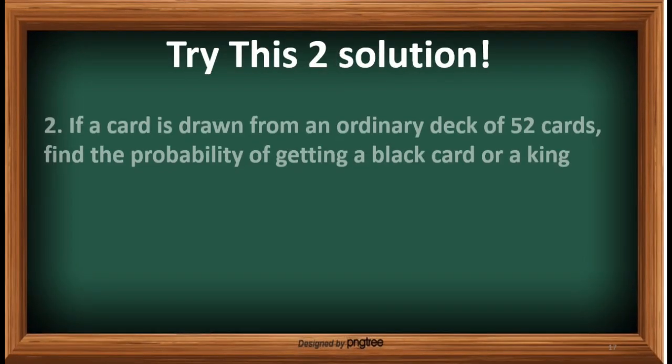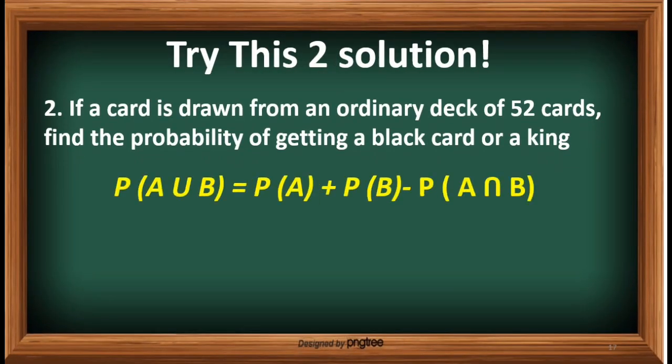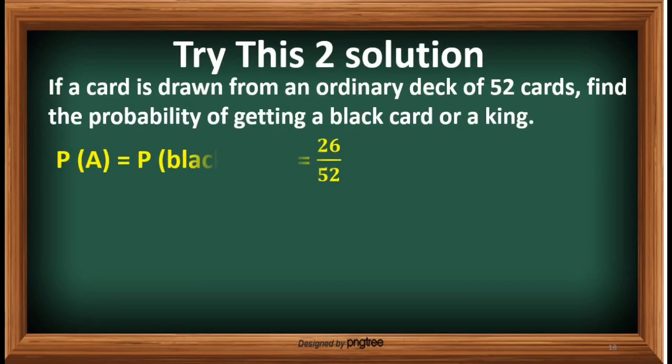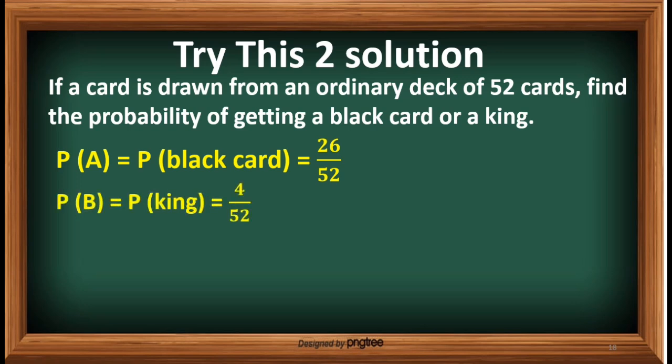Now the solution for number 2. We will use the formula: the probability of A union B is equal to the probability of A plus the probability of B minus the probability of A intersection B. So here is the solution. The probability of A, a black card, is 26/52.